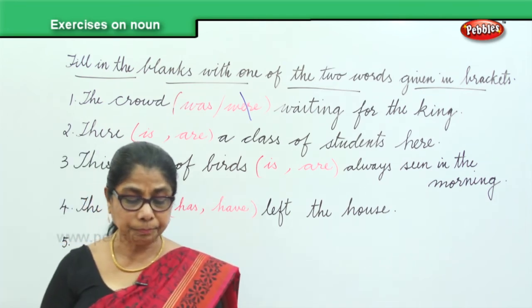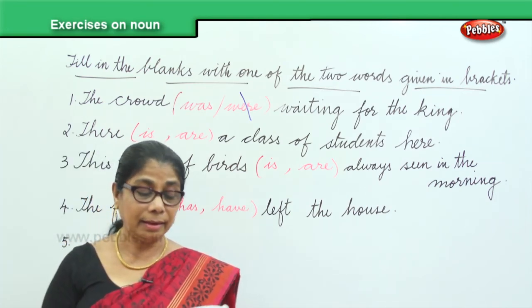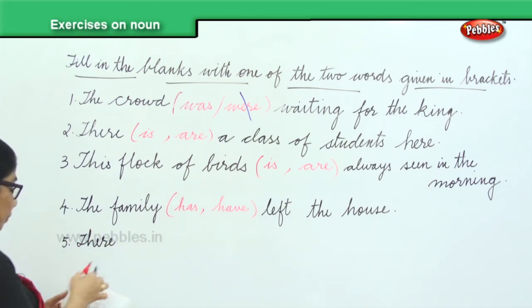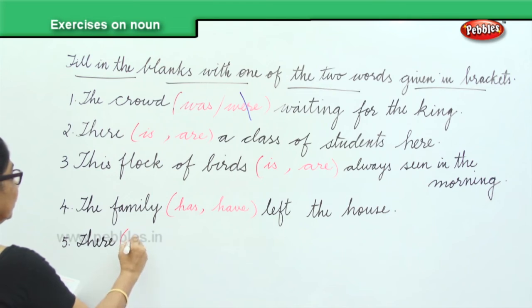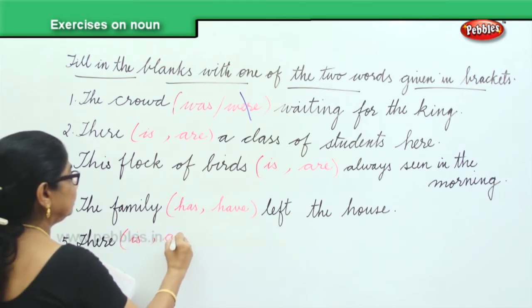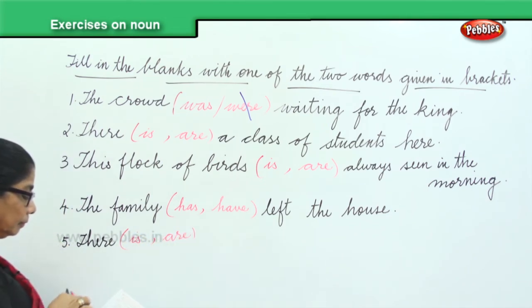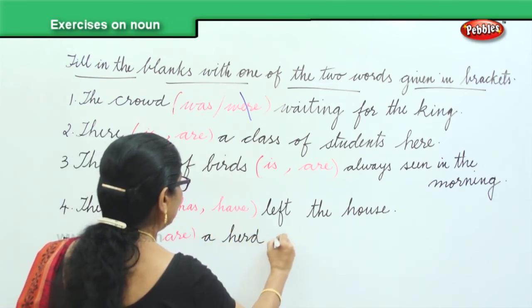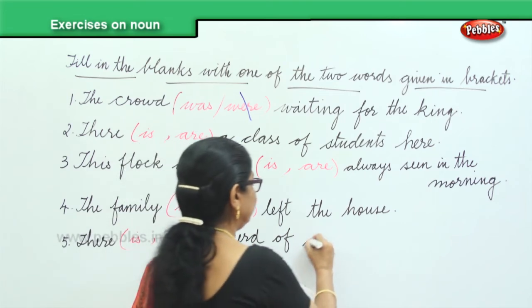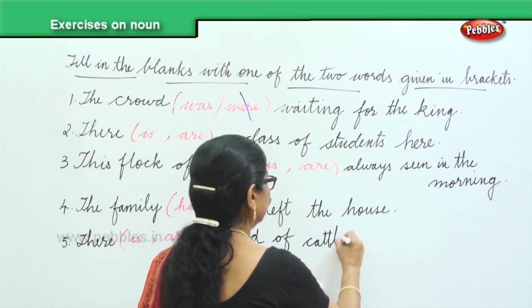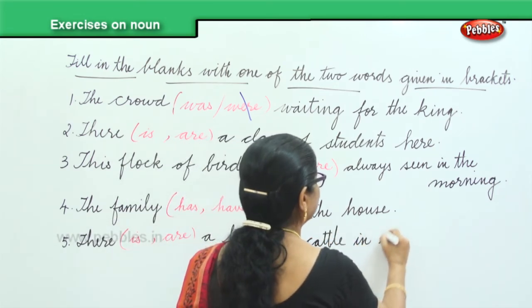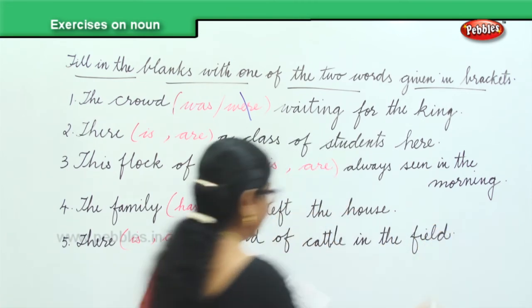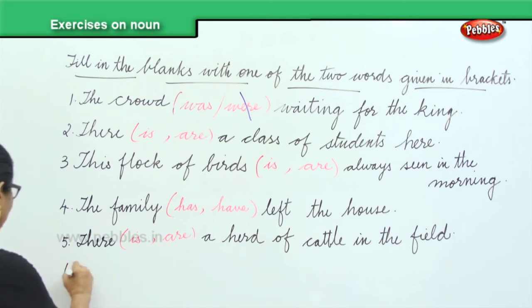Next we have there is a herd of cattle in the field. Then you can write one more.